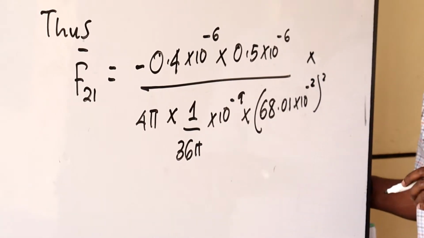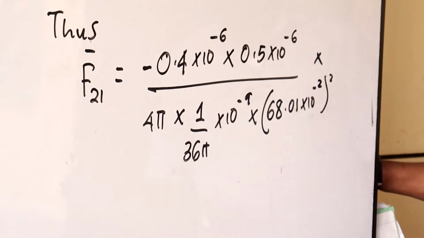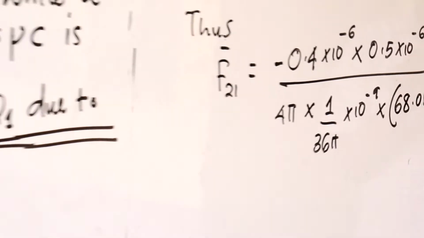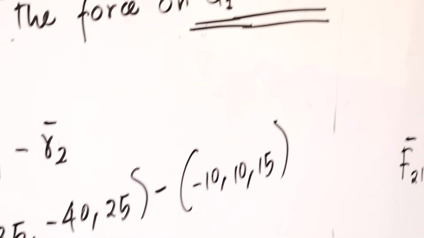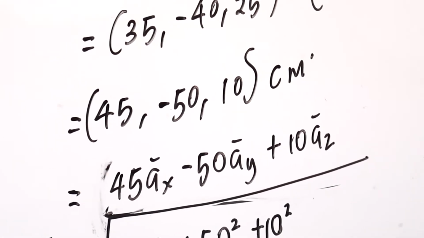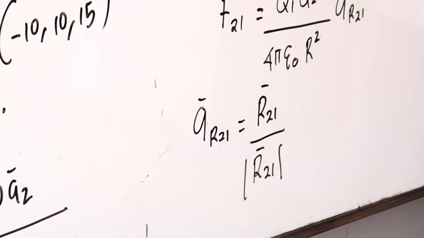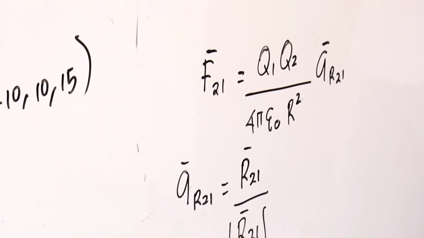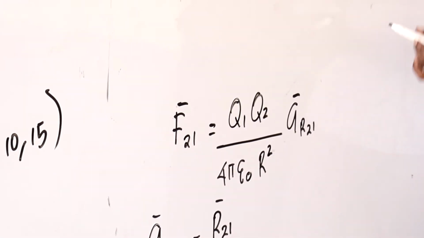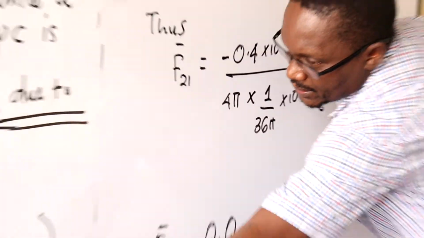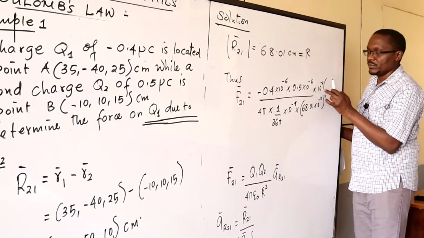Then we have times our unit vector again. Remember, we have our unit vector represented as this, and we found that to be 10 to power negative 2 once again, because this value here is in centimeters and we are supposed to change it to meters.